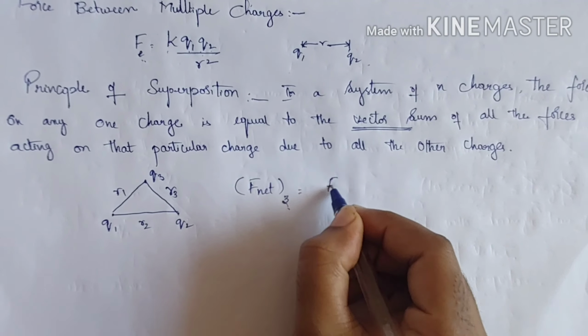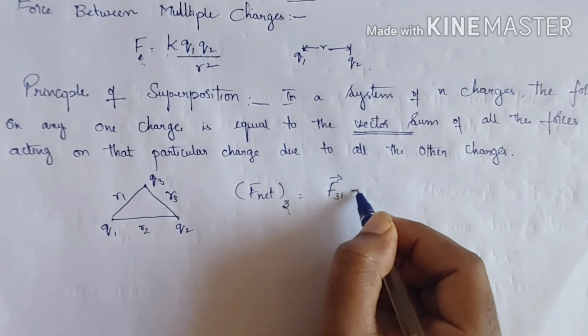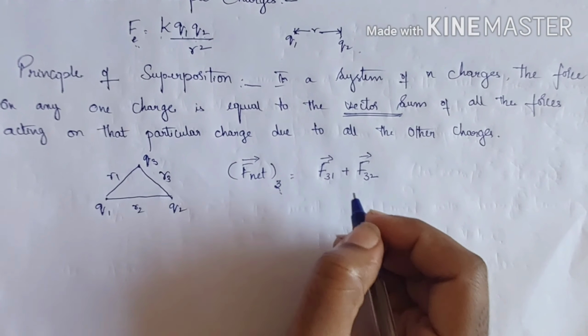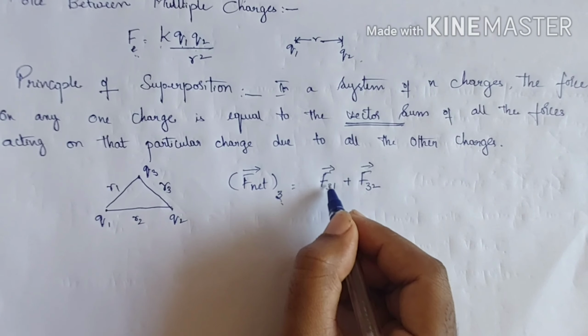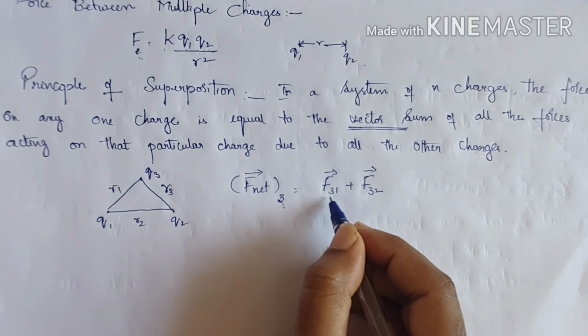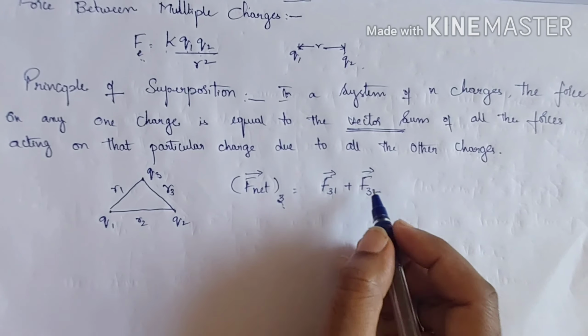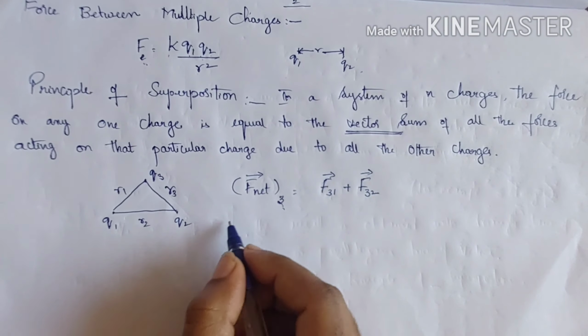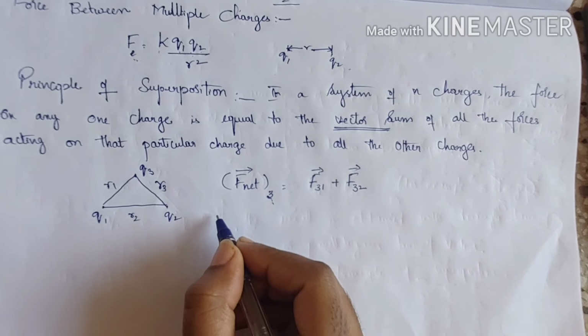So it is force on 3 due to 1 plus force on 3 due to 2. When you are writing the vector form, always see to it that the particular charge on which you want to calculate the net force is written first, and the other charge causing the force is written in the second place. So F31 bar plus F32 bar.